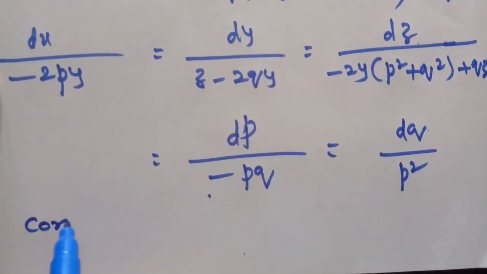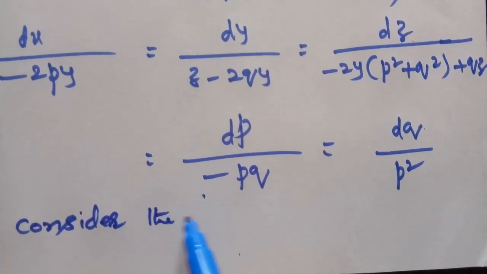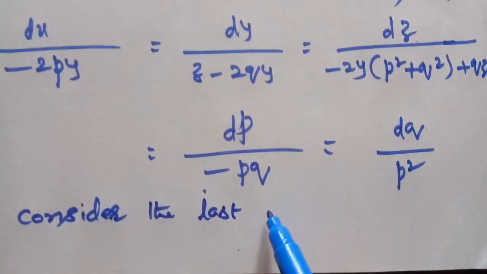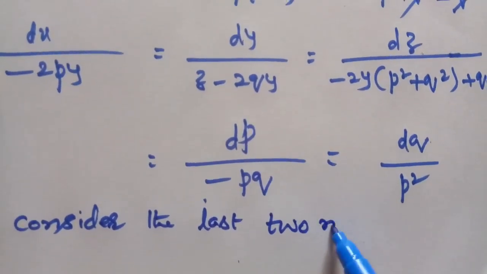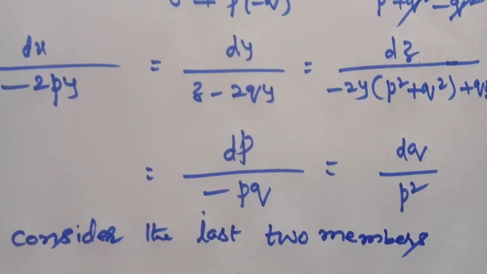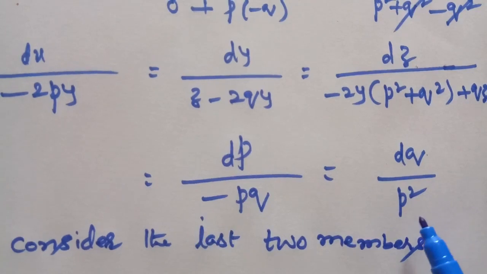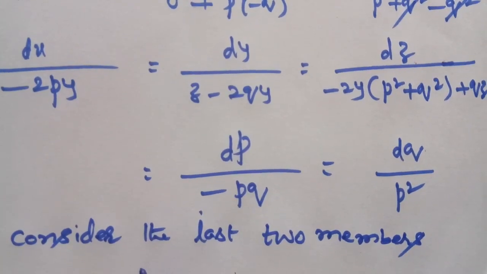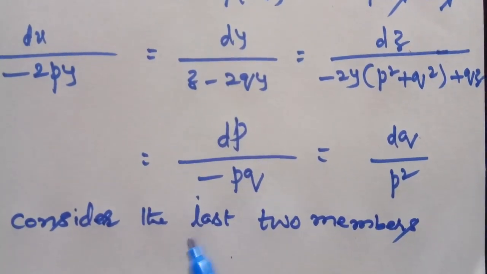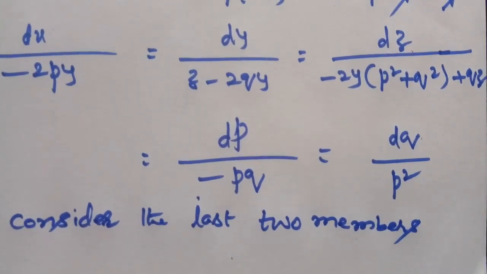Consider the last two members, 1 2 3 4 5, so therefore we consider fourth and fifth member, therefore that is dp by minus pq is equal to dq by p square.